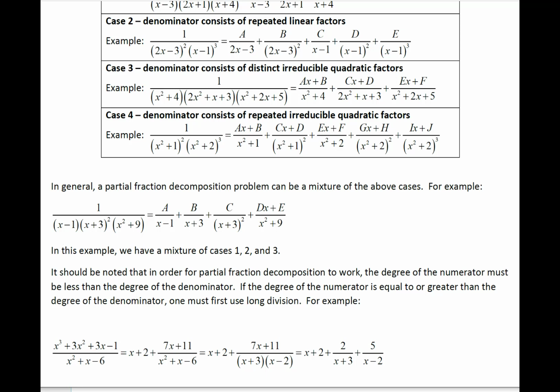It's b over x plus 3 plus c over x plus 3 squared, and we stop when that exponent of 2 matches the original exponent on the x plus 3. And that x squared plus 9 is an irreducible quadratic factor. And so that splits up as dx plus e over x squared plus 9.